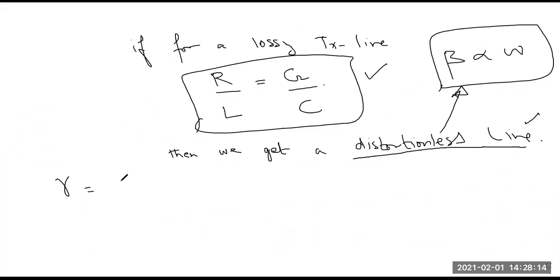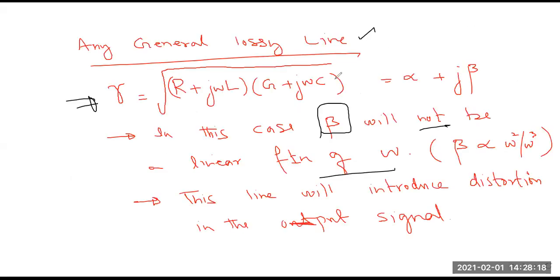So the propagation constant for a lossy line is equal to this. I can rearrange this equation by, let's say, taking j omega L as common from this term and j omega C as common from this one.